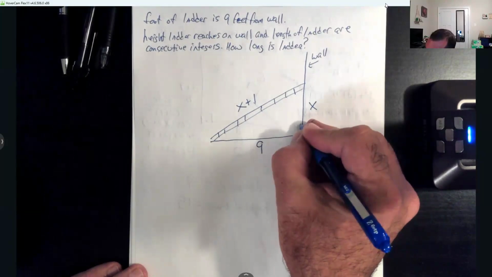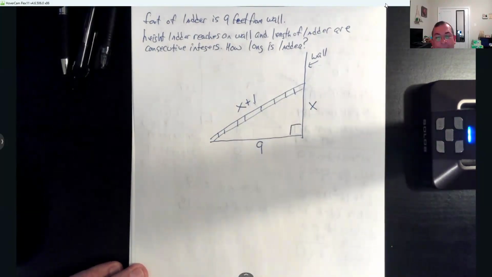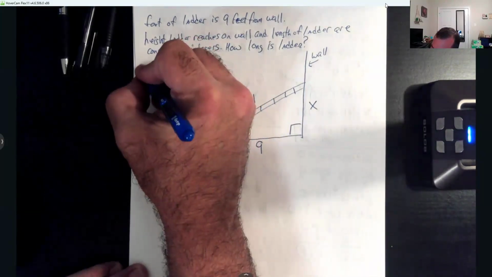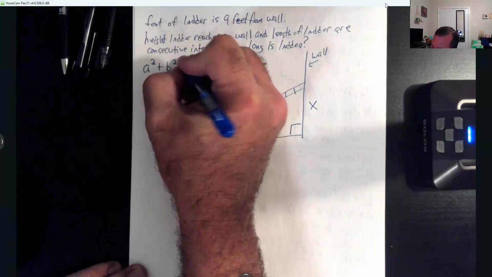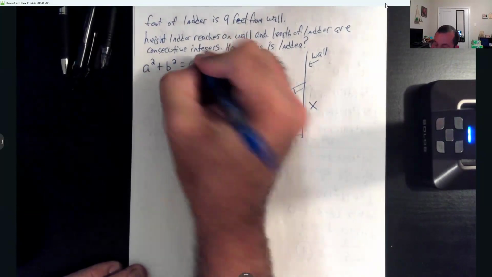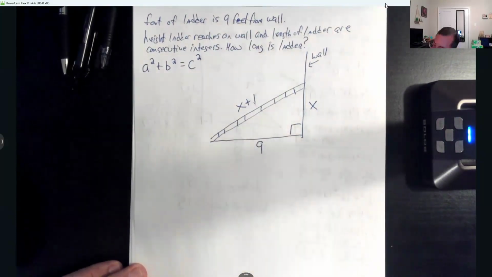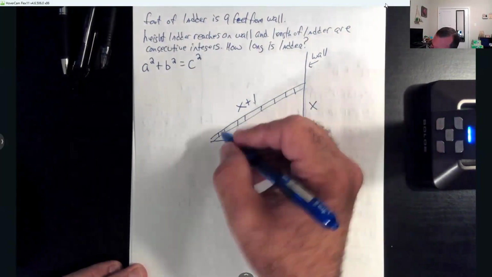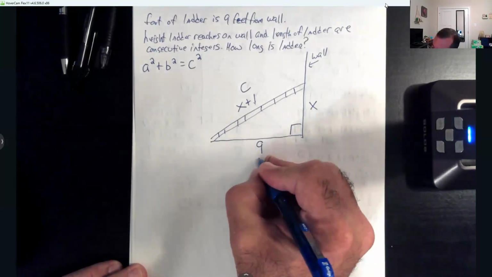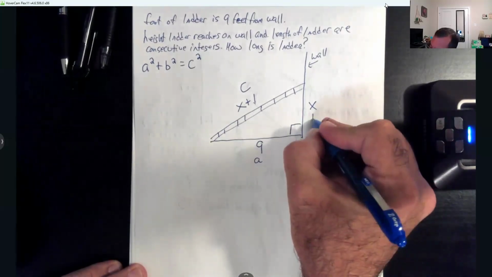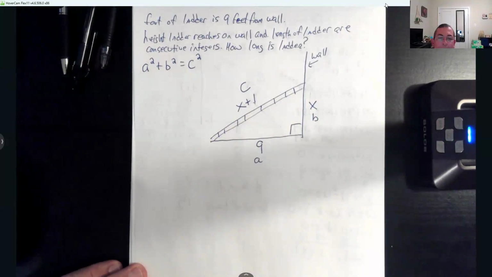Oh, y'all look at that. I've got a triangle there, which means we're going to do a squared plus b squared equals c squared again. And once again, that's my hypotenuse. So that has to be c, and I'll let this be a, and that be b.